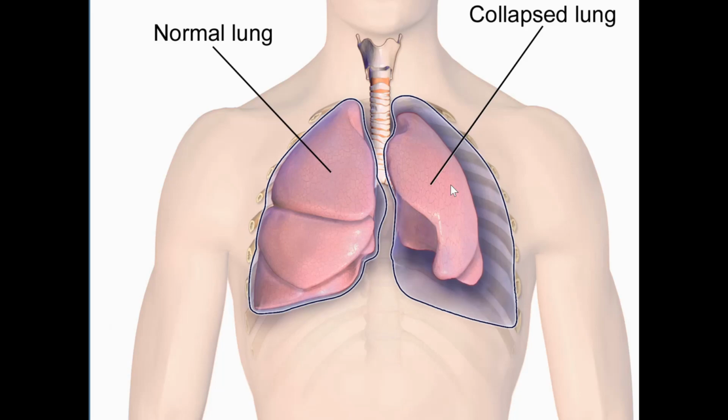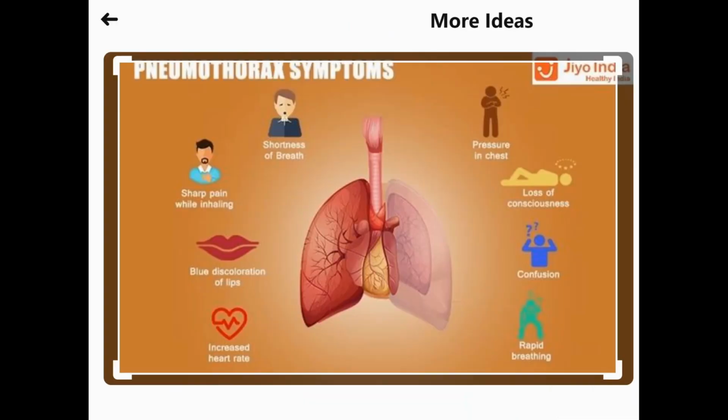Now let's see the signs and symptoms of pneumothorax. The signs and symptoms depend on severity. The patient may experience shortness of breath, dyspnea, pressure or chest pain, and usually it worsens with inspiration. Increased heart rate, tachycardia.